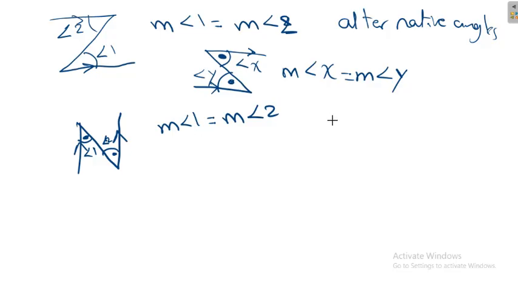Or reversed N like this. And this line is parallel to this line. These two angles are equal.